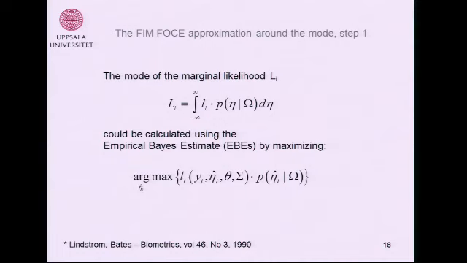And as I said before, the mode of the marginal likelihood here is just maximizing this function, because if you maximize that, you will be at the peak. And this could be calculated by what I call empirical Bayes estimates, maximizing this function with respect to the individual sample here.